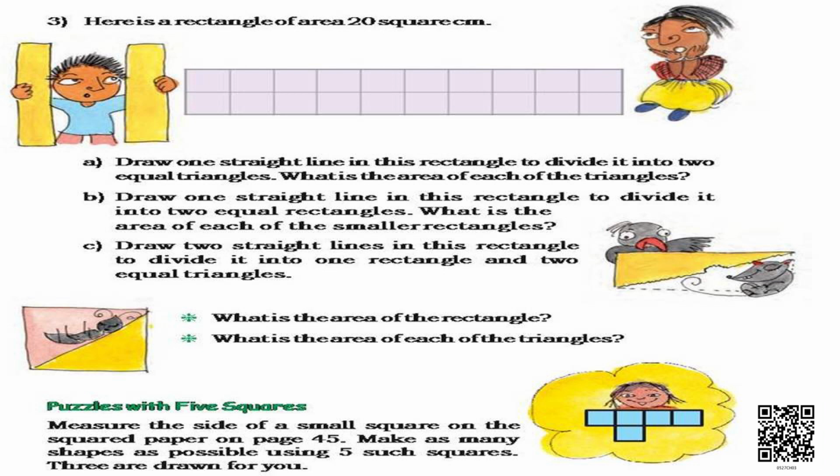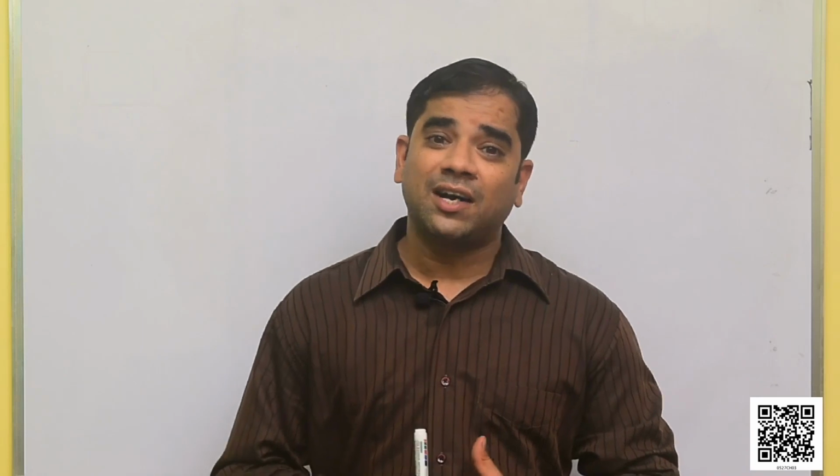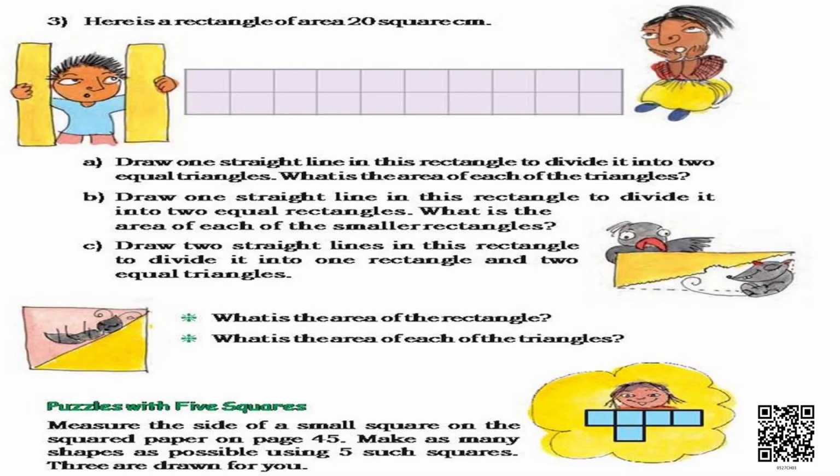So, as we have 5 squares of equal shape and size, the total area is 5 square centimeter. What about the perimeter? If you go through, you can find that each shape has 12 centimeter as its perimeter. So, let us draw another shape and find out whether its perimeter is 12 centimeter as well.